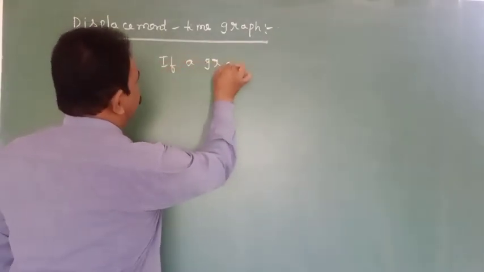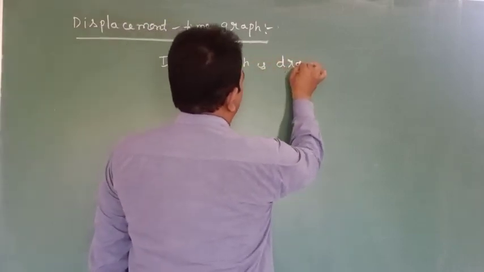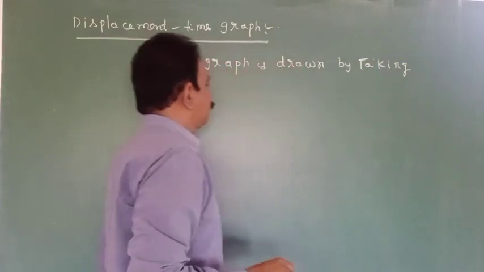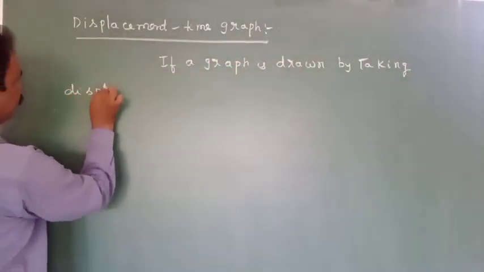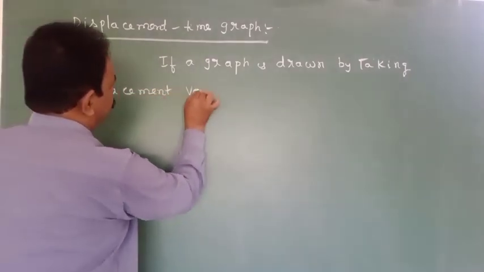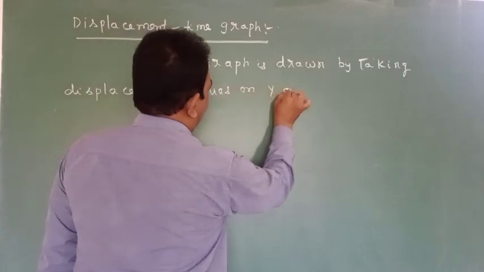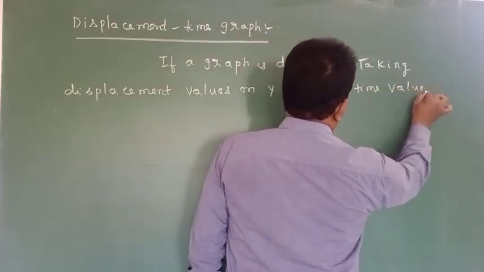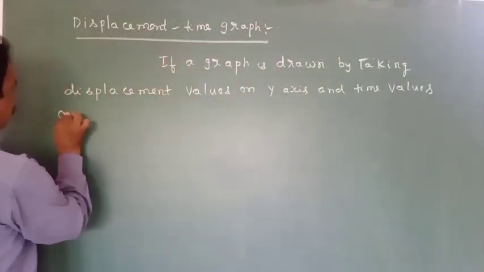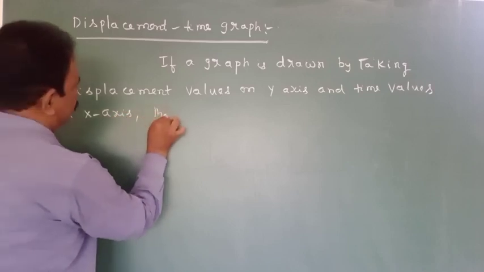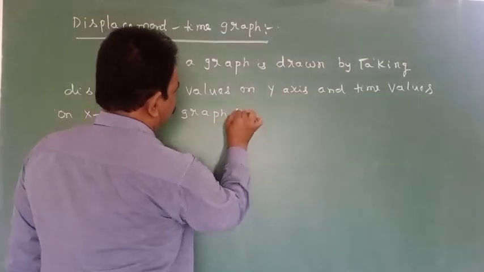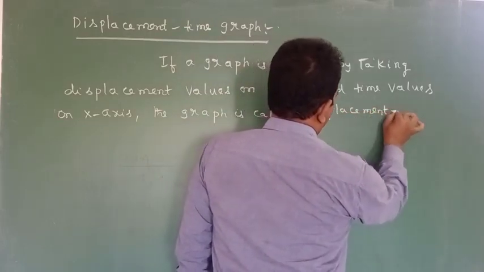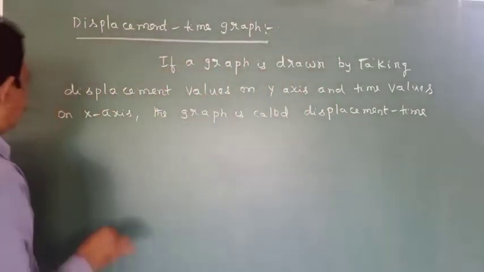If a graph is drawn by taking displacement values on the y-axis and time values on the x-axis, the graph is called a displacement time graph.